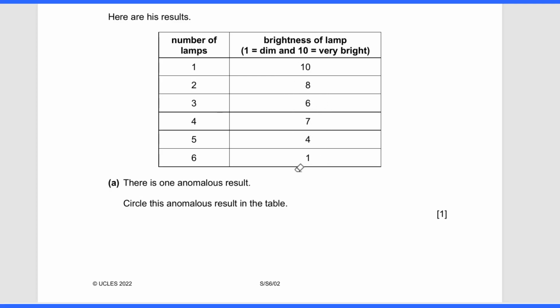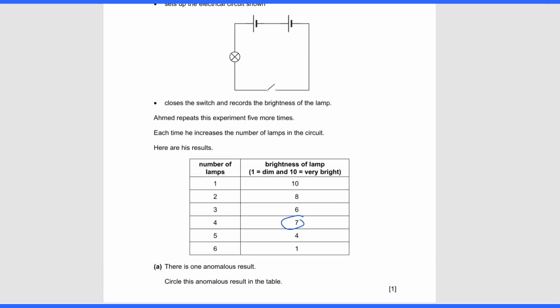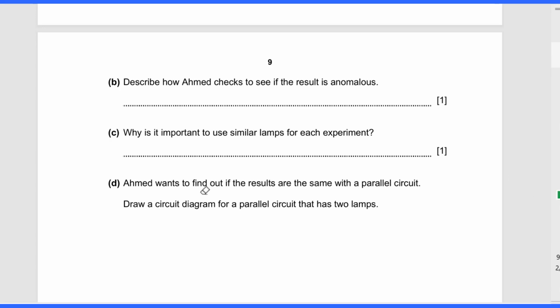Alright guys, let's check out the answer. So we can circle number of lamps 4 and 7. This should be less than 6 and more than 4. Okay, that's the answer. Let's move on. Question B. Describe how Ahmed checks to see if the result is anomalous.